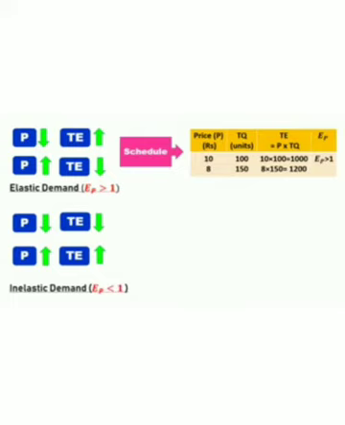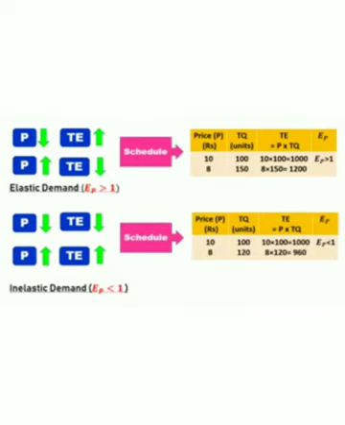It can be explained numerically with a schedule. In this schedule, also we have only shown how total expenditure changes with the fall in price. Here, initial price is rupees 10, total quantity purchased is 100 units and total expenditure is rupees 1000.